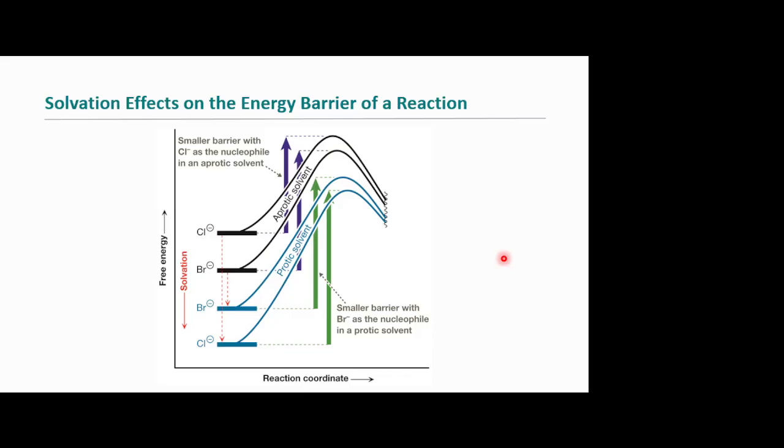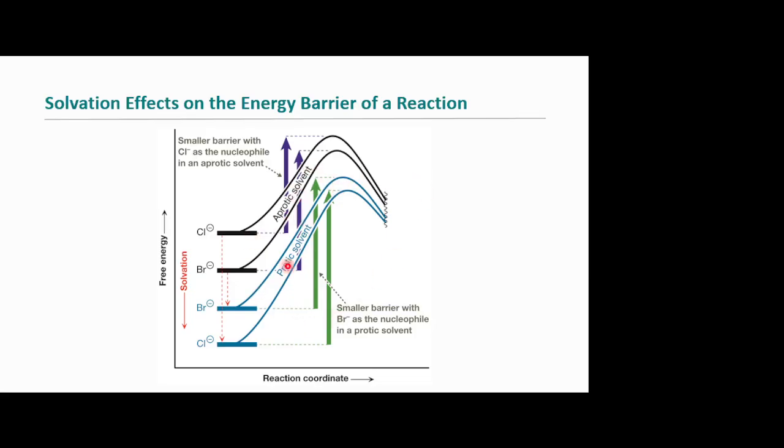Okay, so this right here is going to be the solvation effects on the energy barrier of your reaction. And so what you're seeing here is the solvation effect is going to work by causing this reactant to lower in energy for these SN2 reactions. The lower that energy is for that reactant, the larger the barrier we have to overcome. Okay?